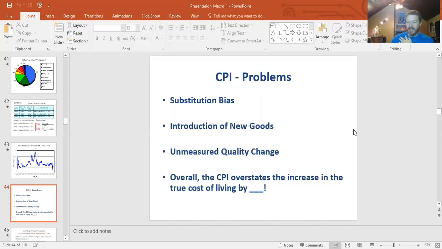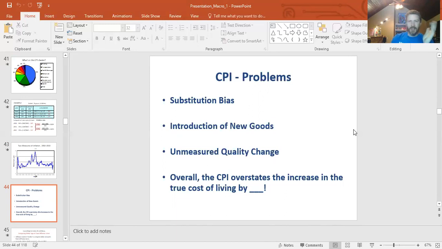So if the CPI is telling us that inflation is increasing by 2% per year, it's very reasonable to believe that 0.5% of that, or even 1% of that, may be due to this bias, may be due to this measurement error in the data. That's a big difference. That's a big problem. We have to be aware of that when we think about the CPI.